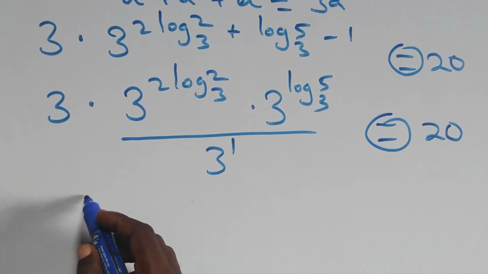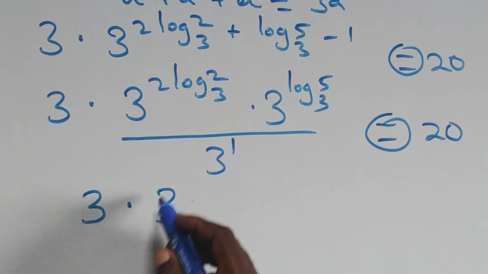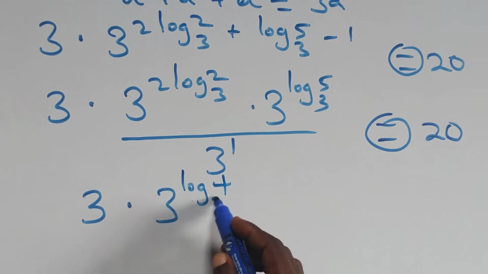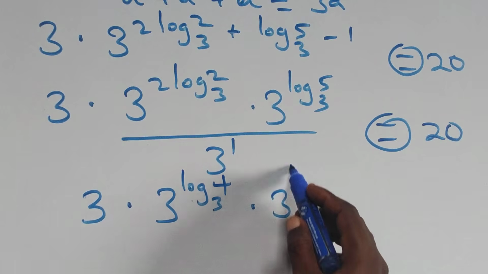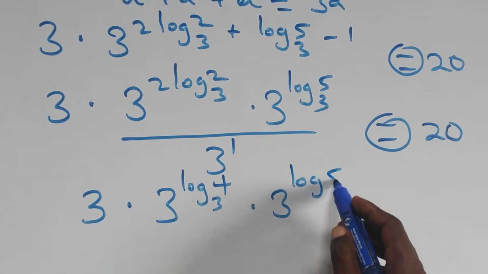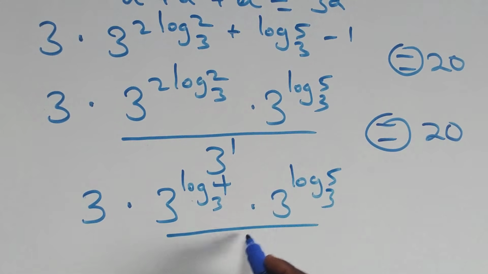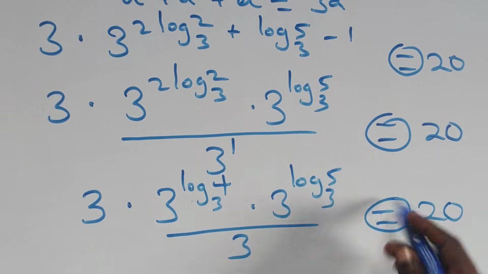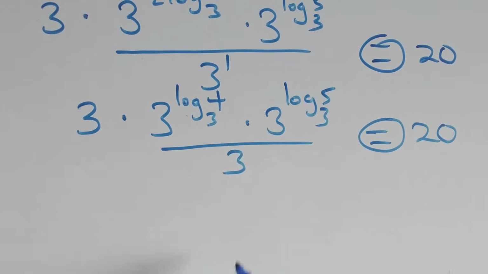And here this becomes 3 times 3 raised to power, when we reverse this, we have log 2 square, which is 4, then 3 times 3 raised to power log 5 base 3 over 3 raised to power 1, that's 3. Is it equal to 20 on this side? Then 3 cancel each other here.